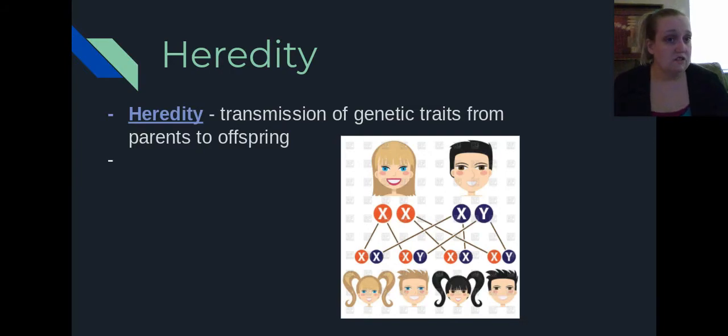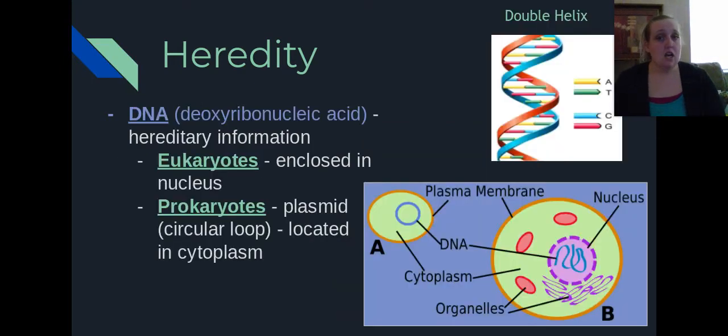Every piece of DNA in your body, you get half from your mother and half from your father. You have a set of genes that's actually a combination of one set from your mother and one set from your father. Those are different alleles, and that has to do with heredity. Heredity has to do with DNA. DNA is deoxyribonucleic acid.